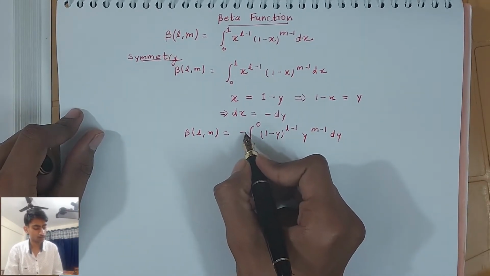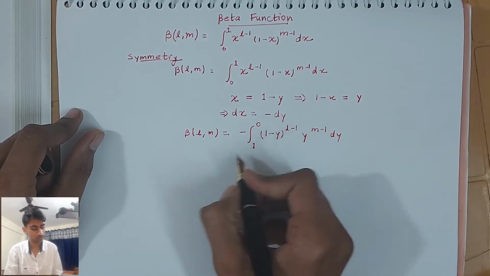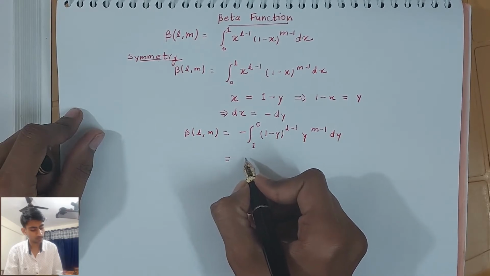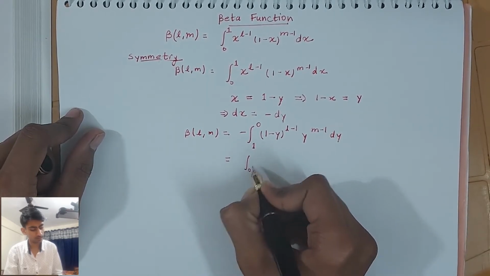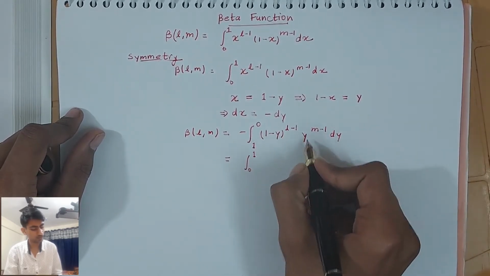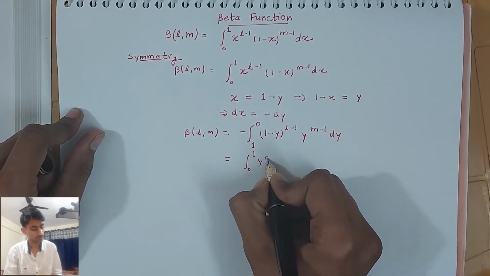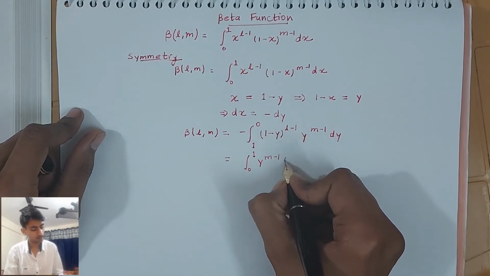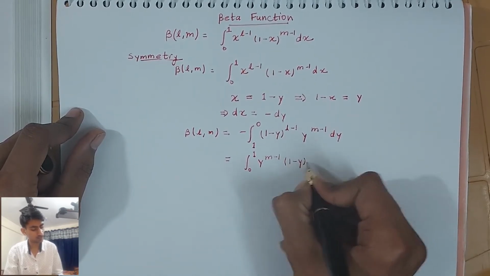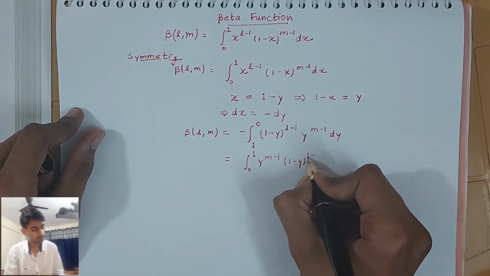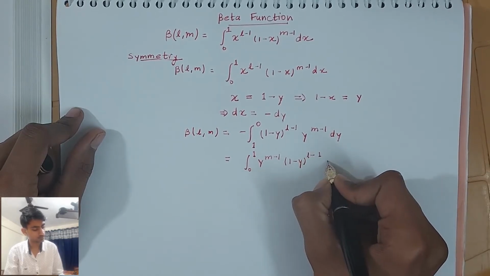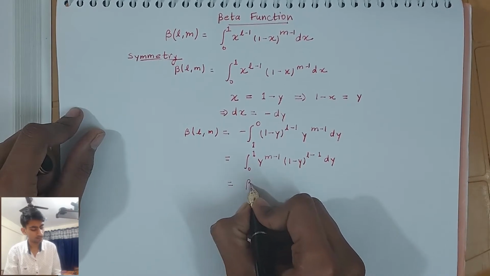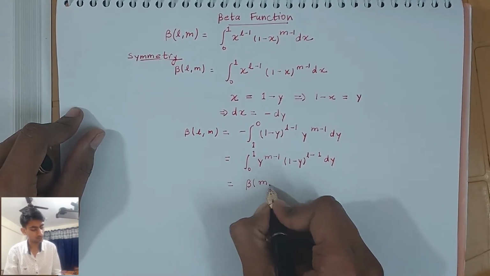Now I will utilize this minus sign to reverse the limits of the function. So if I do that, it will become 0 to 1. If I write this term first, y to the power m minus 1 and 1 minus y to the power L minus 1 dy, which is nothing but beta of m comma L.